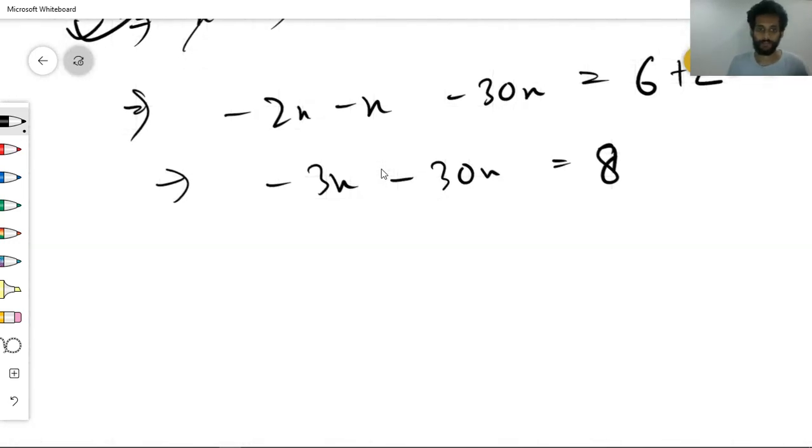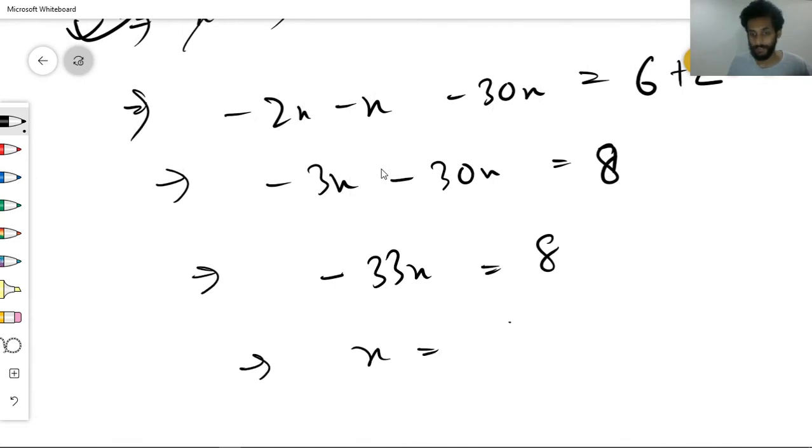So now here it is 33x is equal to 8, so x is equal to 8 by minus 33, that is minus 8 by 33. I guess that is the answer here. Last one. Yes, that is the answer.